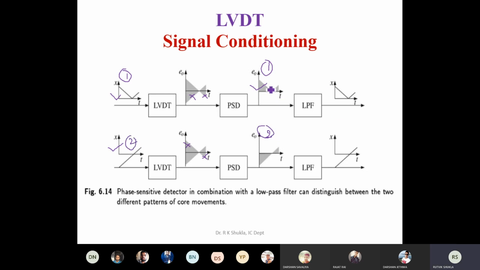Now the second thing is, even if you are getting these two outputs, still this output contains some extraneous information other than your original information. તો એમાં શું છે? આ વચ્ચેનો ભાગ જે ડાર્ક બતાવ્યો છે, that is your carrier frequency, or in our case it is an excitation frequency.